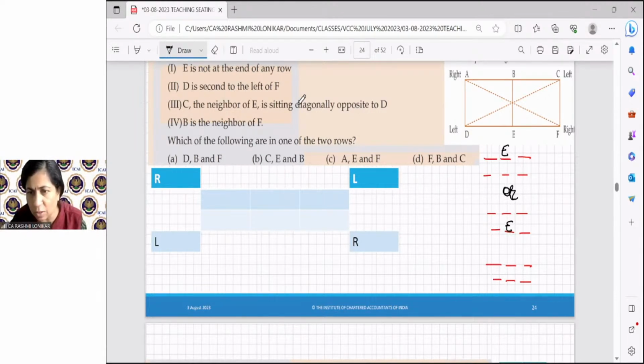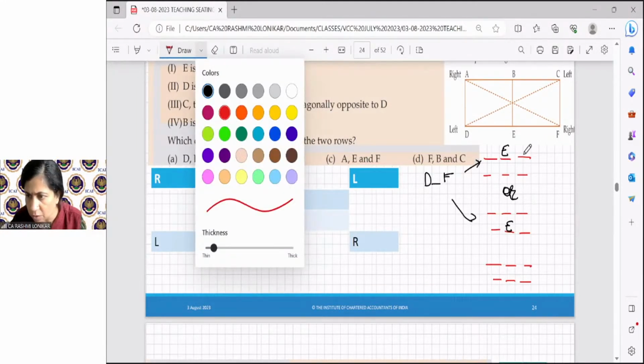D is second to the left of F. So if I have F here, then second to the left is D. I can have this in this position or in this position. We have yet to see C is the neighbor of E and is sitting diagonally opposite to D. So I can have C here.